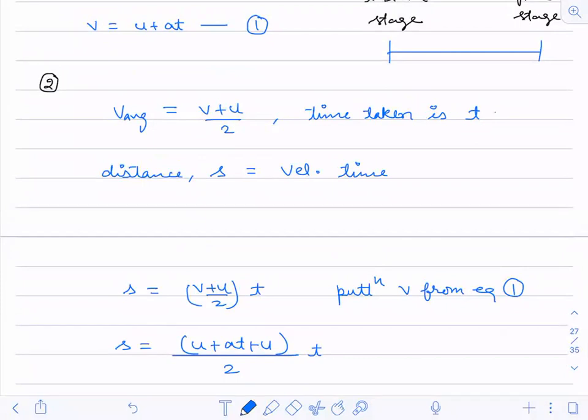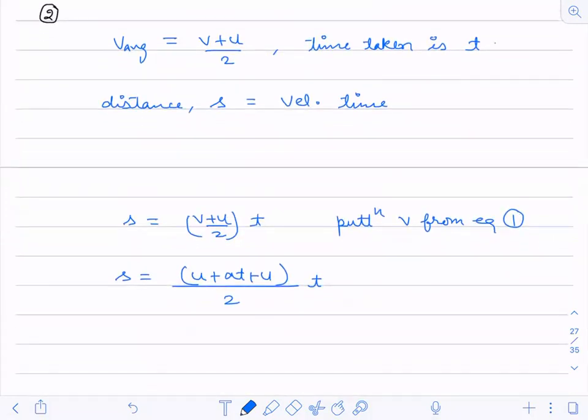Now take t inside: s equals 2ut by 2 plus at square by 2. From here, s equals ut plus half at square, and this is our equation number 2.